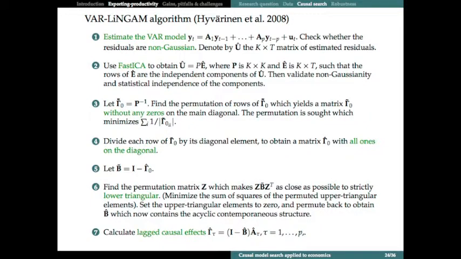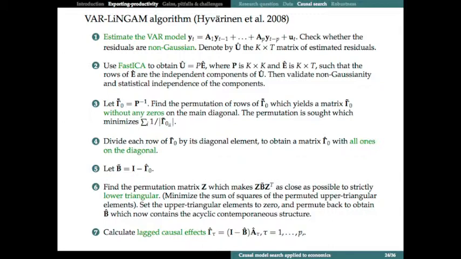So you find this matrix, and you call gamma naught the inverse of this matrix. But there is something which remains undetermined in this algorithm, the order of the shocks, and actually also the size of these shocks.